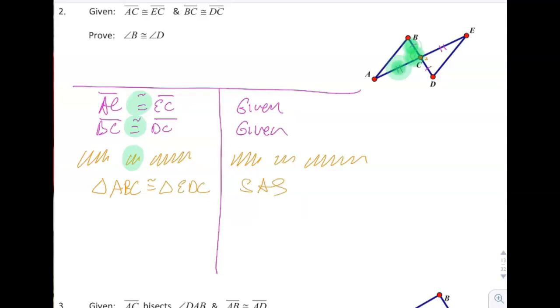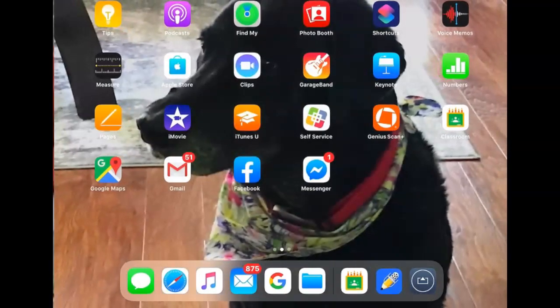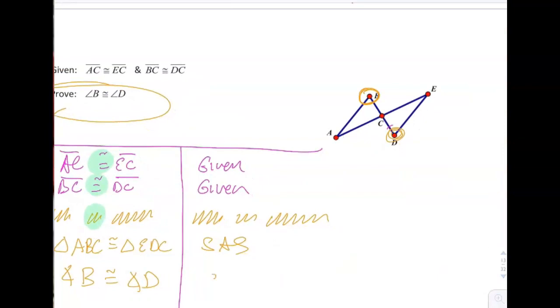Now that the triangles are congruent, all other corresponding parts, which we haven't talked about yet, we have not talked about angle B or D, but they're corresponding, so they are congruent. Corresponding parts of congruent triangles are congruent. In other words, C, P, C, T, C. And that's where we'll pick up tomorrow.